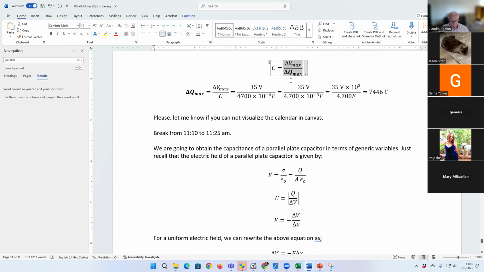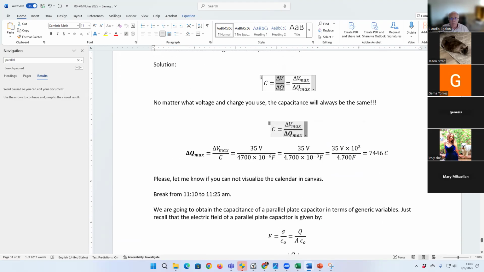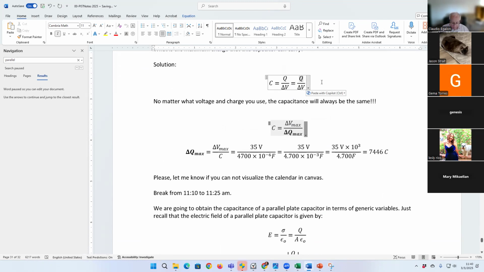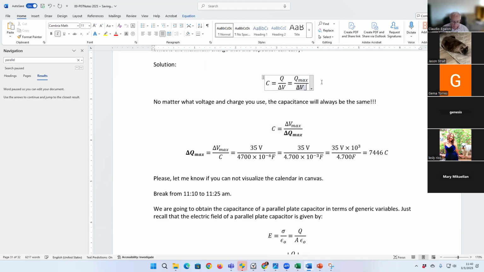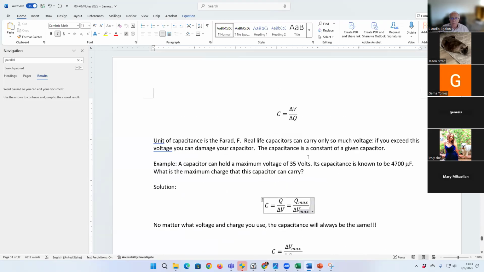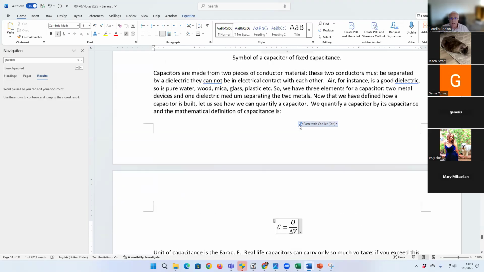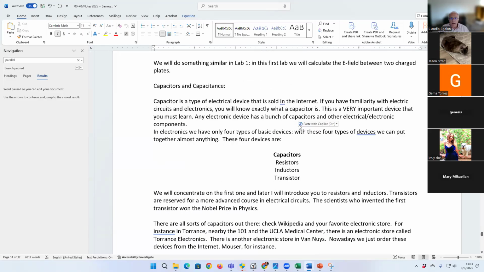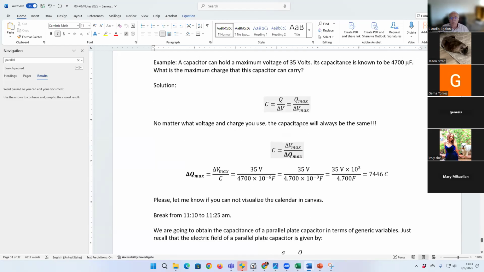Here you go, should be Q over delta V. Okay, Q max over delta V max. Here, the same thing here. Okay, is the inverse, is the Q upstairs.